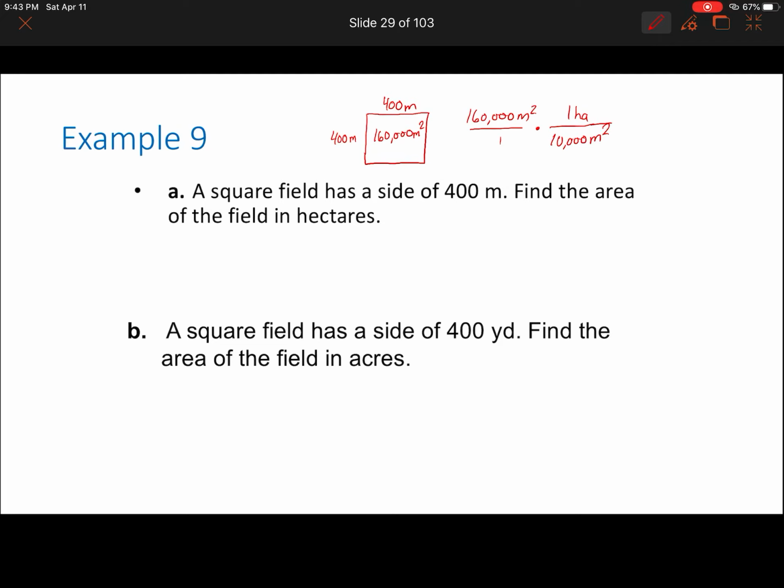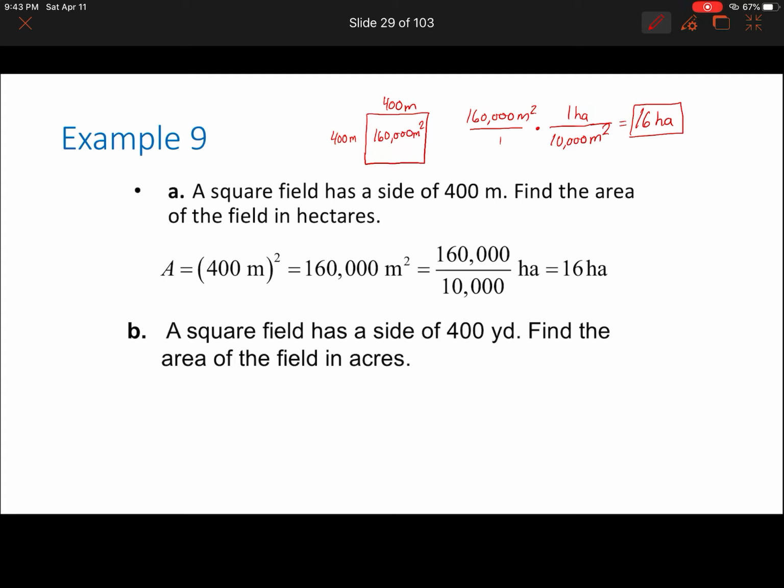Again, you can go back to our chart and see that. And so when you do this division, you're going to end up with 16 hectare that make up this area. So again, you can see that played out there.